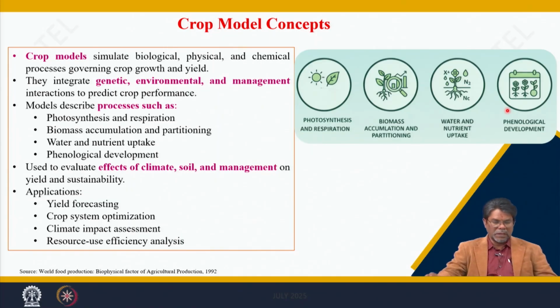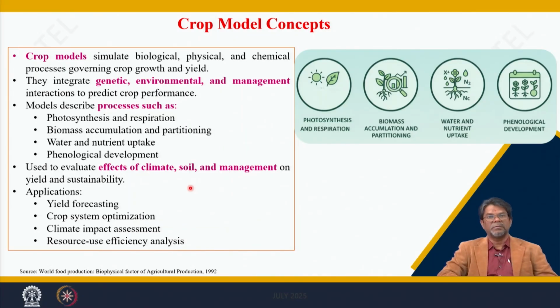Then this is used to evaluate the effect of climate, soil and management on yield and sustainability. We apply crop models for yield forecasting for a few years, or long-range yield forecasting for 10 or 20 years, then crop systems optimization, different plant systems, nutrient uptake, water uptake, and climate impact assessments.